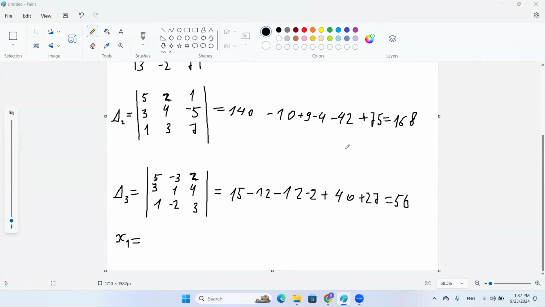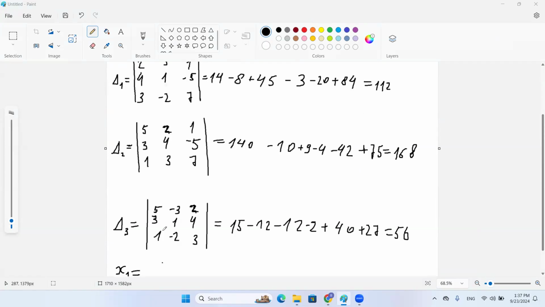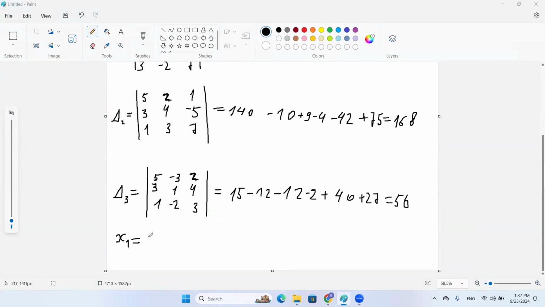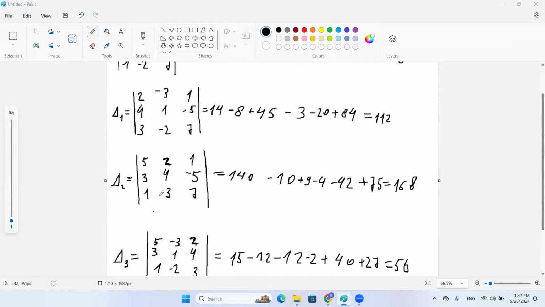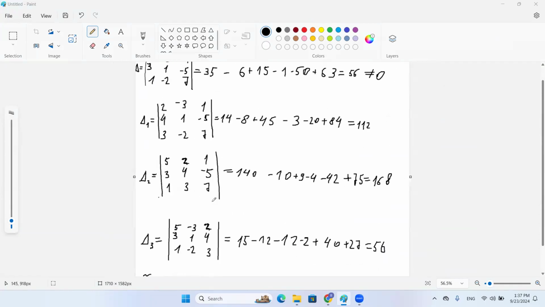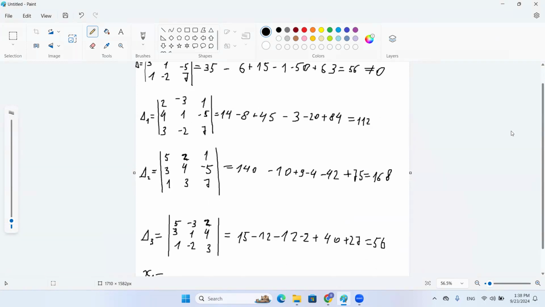Stanislav, Masha, Evgen, someone new. Oh, Alexandra maybe. So we should find the x1, yeah? That one, that two, that is 3. Yeah, 56 plus 2.